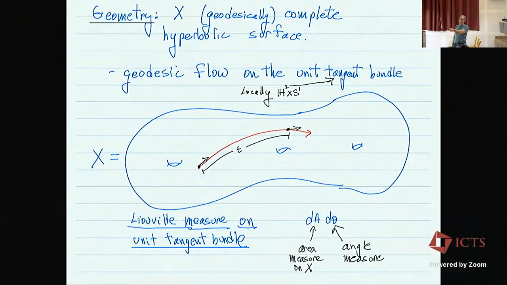So what does that mean? Well, if you're standing at a point, and you have some infinitesimal area that's coming from X, that's this part, and then you have to have a direction or a set of directions, and that's this part, okay? So that's what's called the Liouville measure. Every hyperbolic surface, actually, every Riemannian manifold has one.